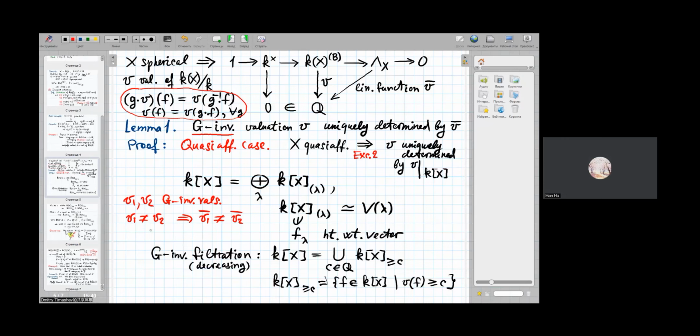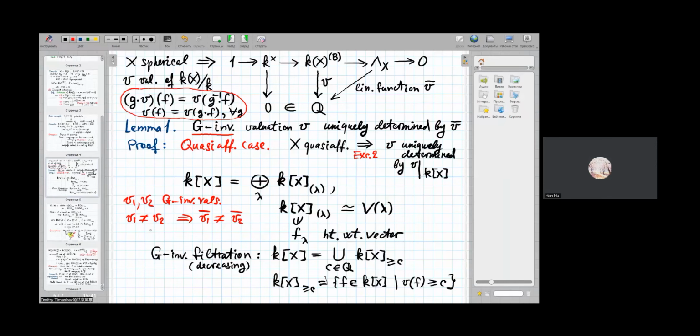Okay? Is it clear? So I understand, I did not understand the lemma correctly. So maybe every linear function determines a G invariant. Not the case.